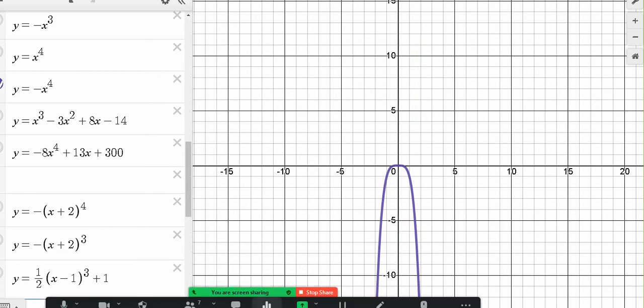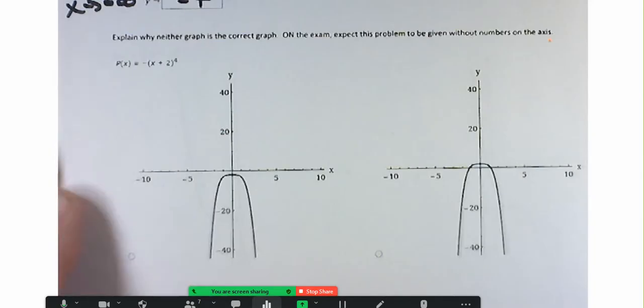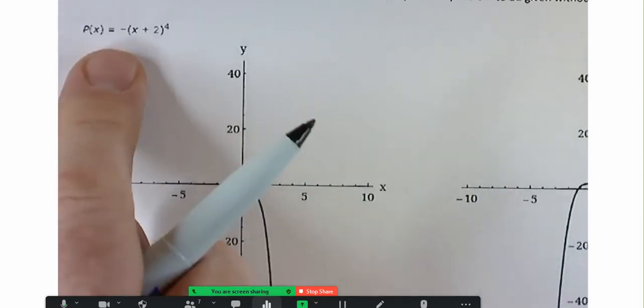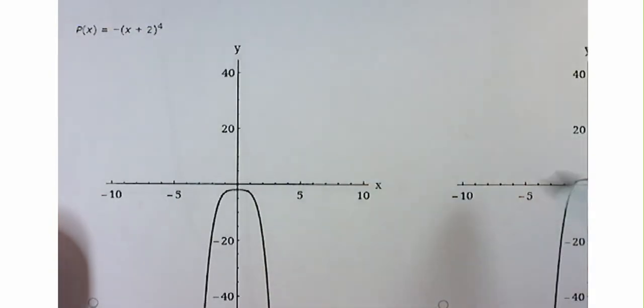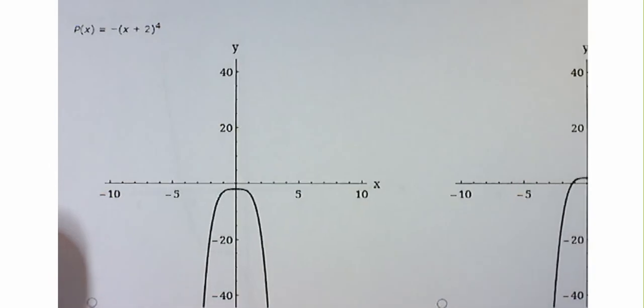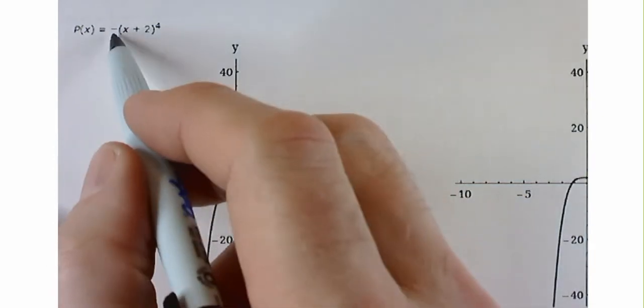So in this particular problem, we've got negative of x plus 2 to the 4th. Now, I'm very likely to give you this graph without any numbers. But we don't really need the numbers to understand that this cannot be the correct graph. Why not? Well, it's opening down.